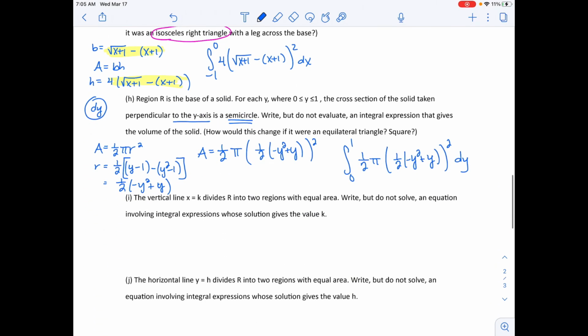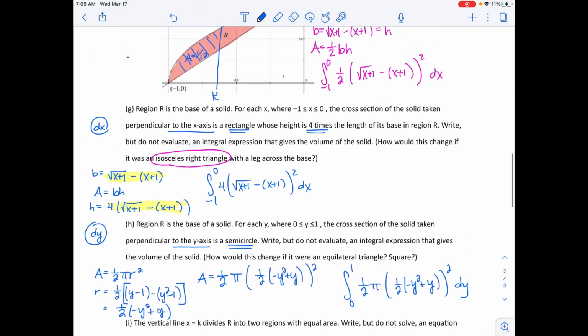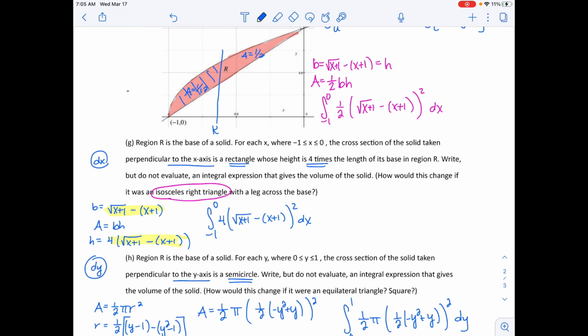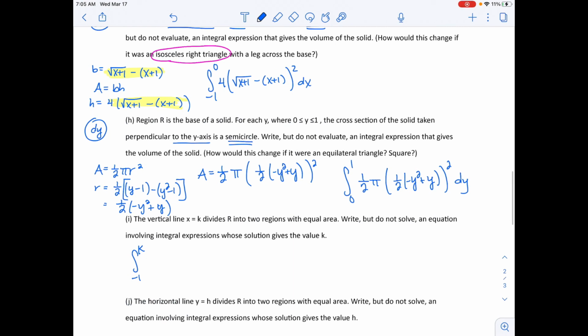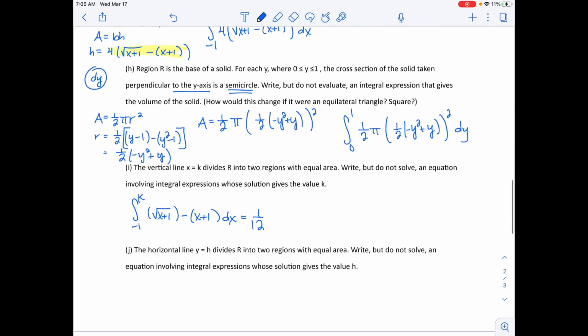So the integral is going to be the integral from -1 to k of curve minus line, so square root x plus 1 minus x plus 1 dx. And that area will equal 1/12. So that's just setting up that equation. Notice it says set up an equation, which means it needs an equal sign as opposed to setting up an expression, which is what we've been doing.